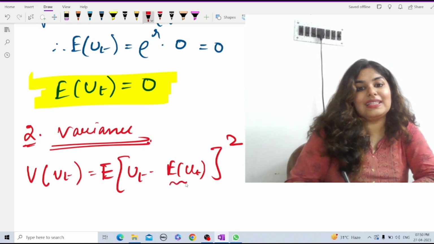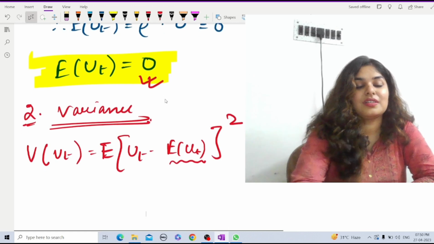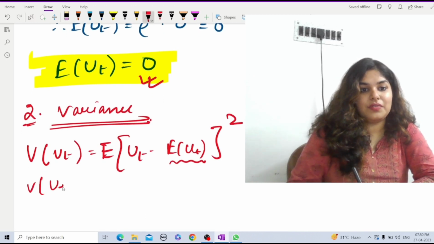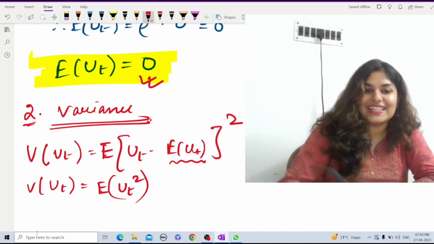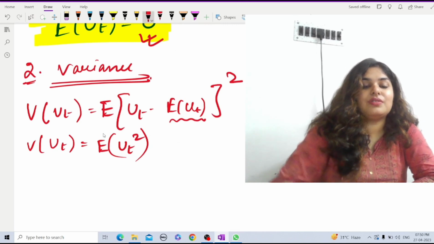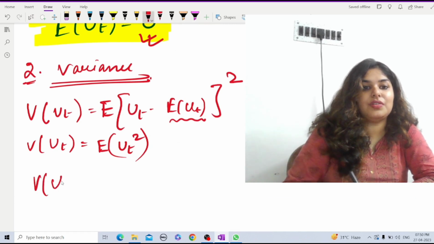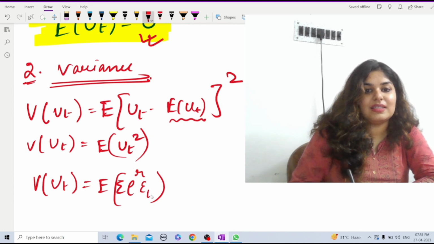Now we know that E of ut is 0, we have just proved it, so we can write that variance of ut equals the expectation of ut squared, right? Now in place of ut, what am I going to write? Variance of ut equals the expectation of the summation of rho to the power r epsilon t minus r, squared.